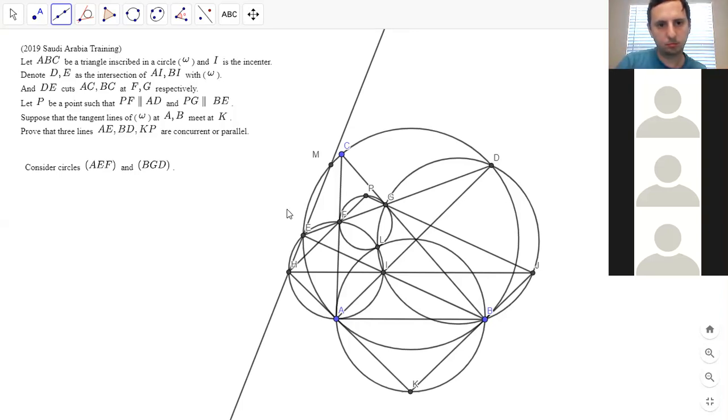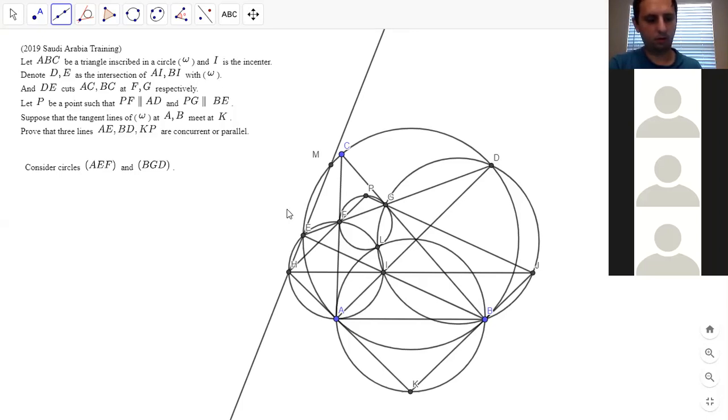HA is tangent to the circle, so angle HAD is equal to angle ABD.